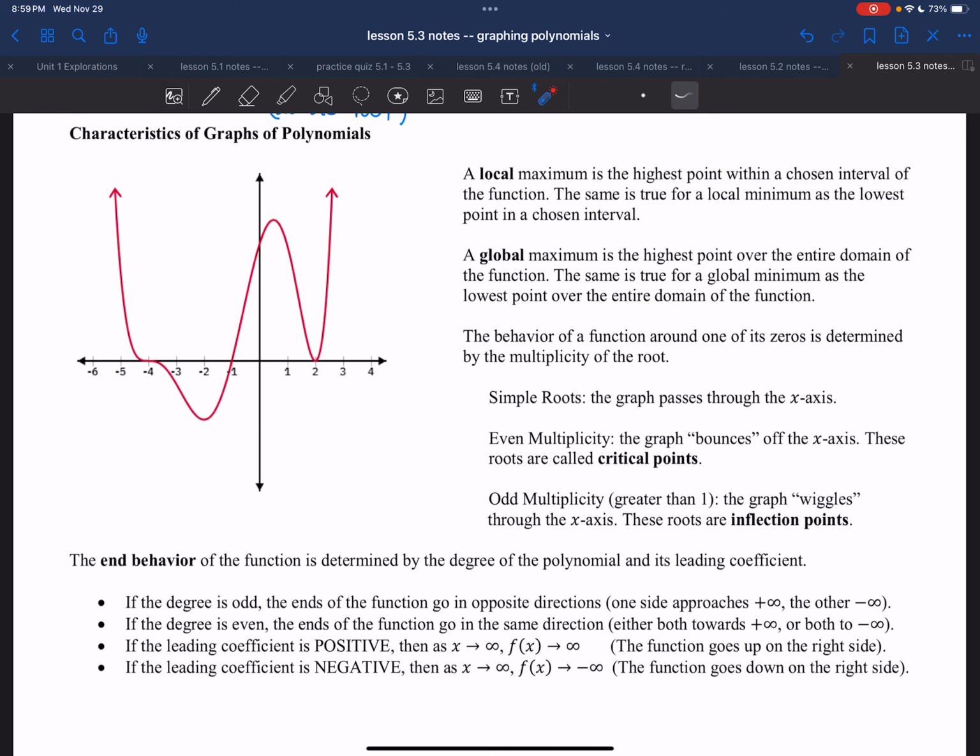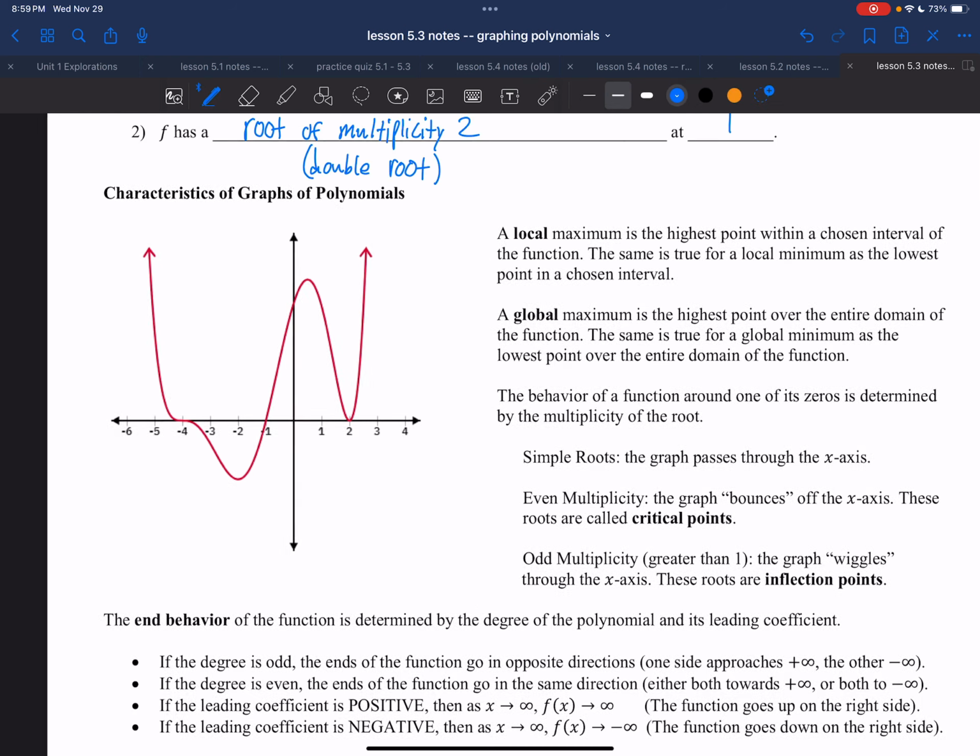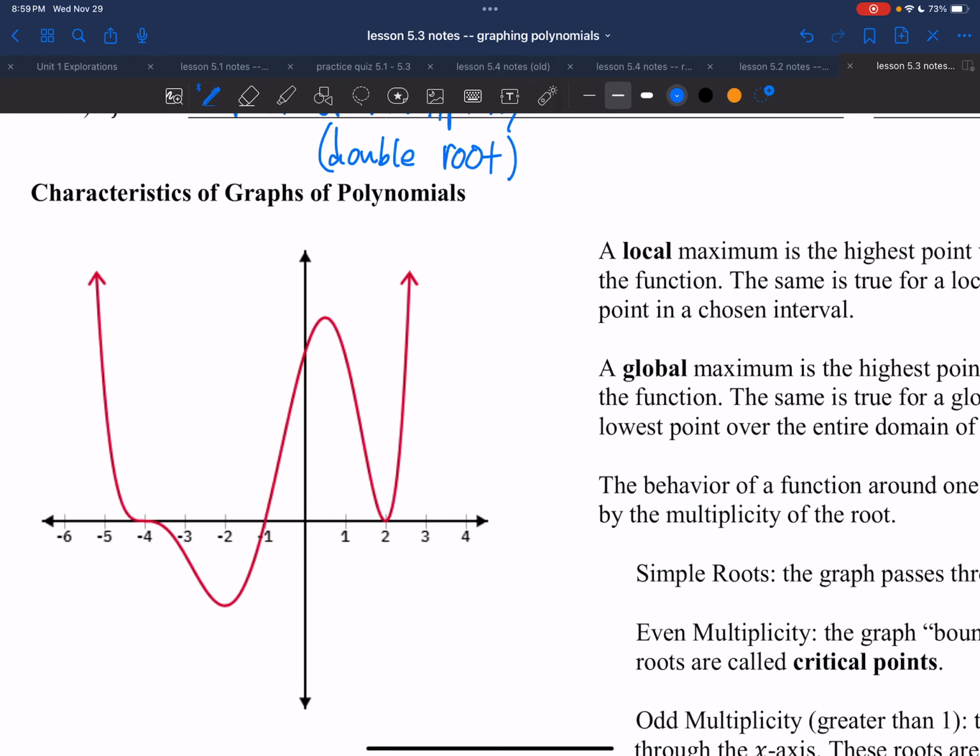So when you say a local max, we actually see a local max on this graph here. Right here, you'll notice that the graph is going up and then it turns. It's a turning point, and goes back down. This is a local maximum. It is not the absolute maximum.